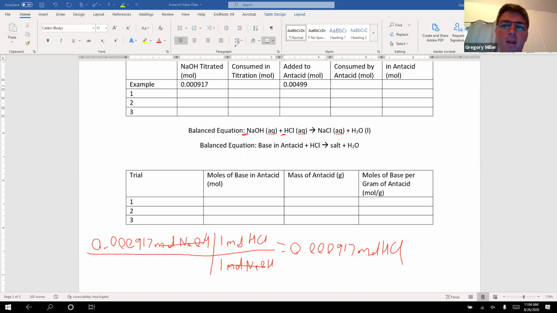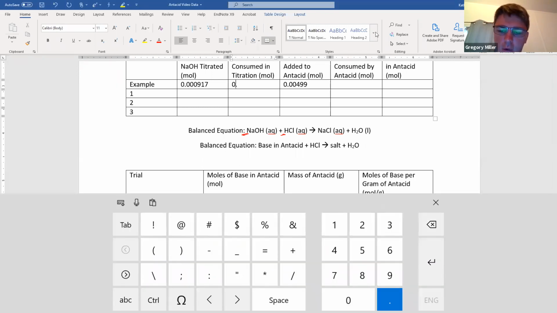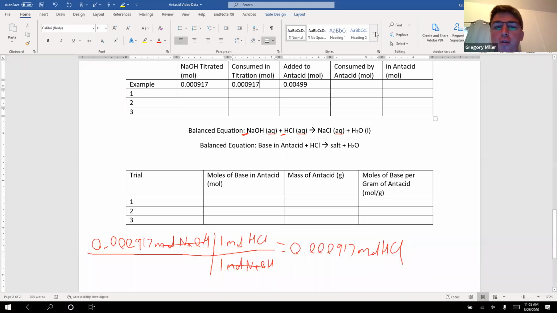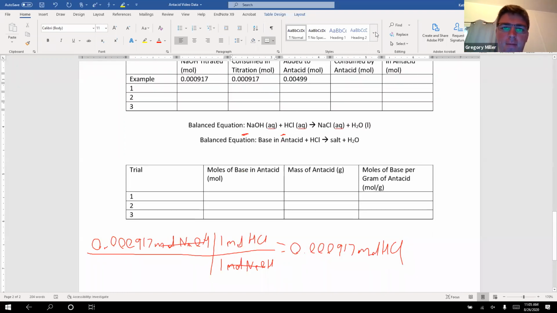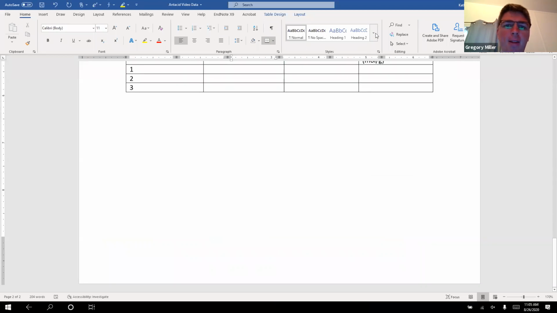And we get, in this case, 0.000917 moles of HCl consumed in our titration. So if we think about this for a minute, let me clear these. If you look back at the slides, there's a picture.